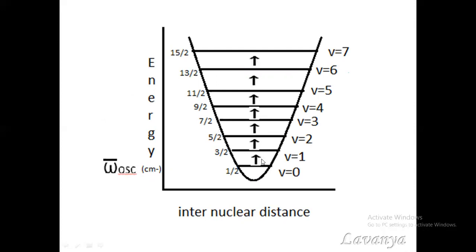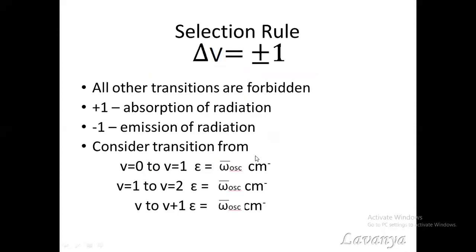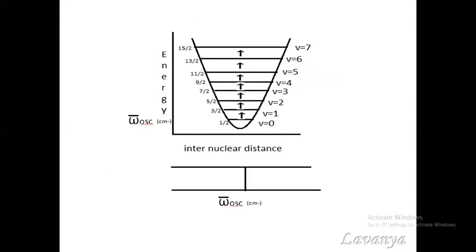Hence, if the molecule is at v is equal to 0, it requires the same energy to excite to the next level. Or if the molecule is at v is equal to 3, it needs the same amount of energy to excite to v is equal to 4. So whenever the molecule is irradiated with IR radiation of enough energy, the molecule will absorb, and we can expect only one peak.